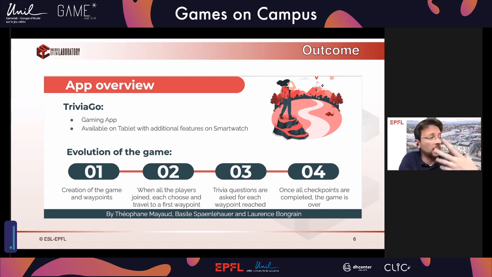Then players can join the game, so they have to go to the waypoints, and only there can they answer the questions. To realize this game, you need an interface towards a distributed database to realize the question database and the individual game. And as another point, the students also interface a tablet with a smartwatch, which works as a compass to guide the navigation from waypoint to waypoint.